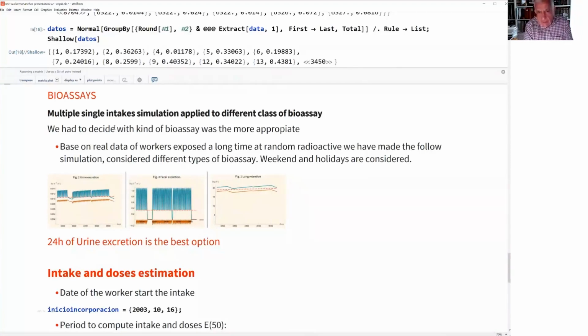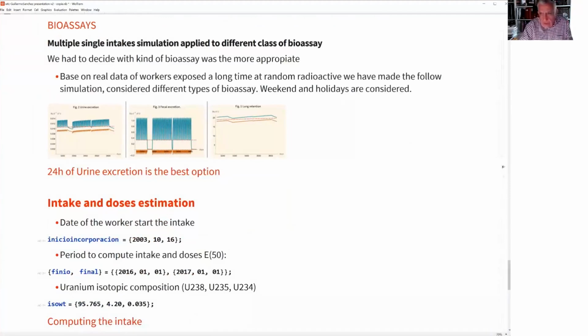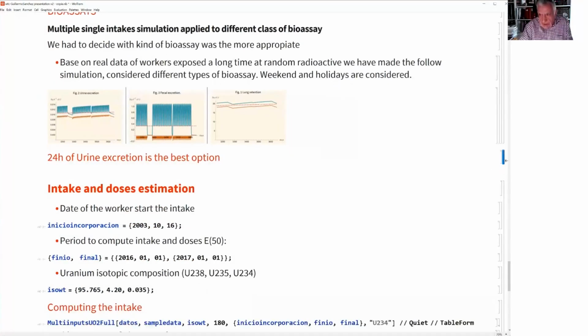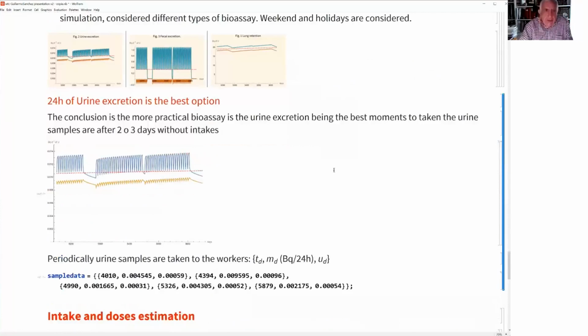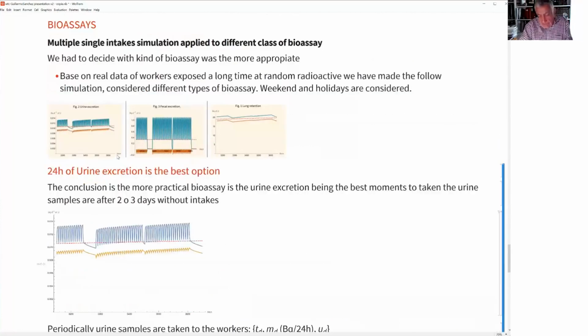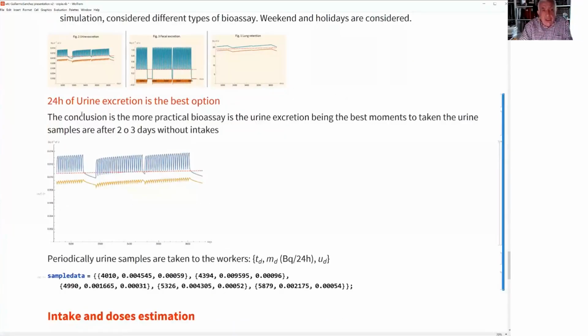Using this reference worker and the information that we have of this case, we must study what kind of bioassay is the most appropriate. We can measure the urine excretion, the fecal excretion or the lung retention, and by simulation we found that the most appropriate bioassay is the urine excretion.